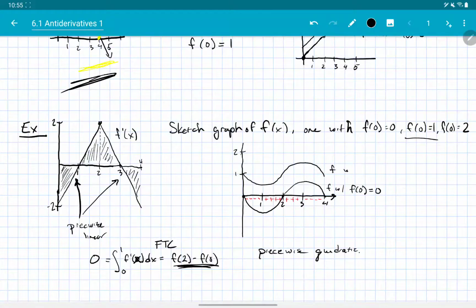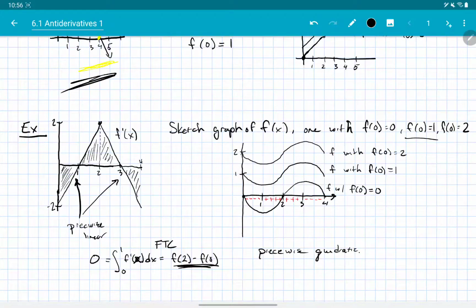So this is F with F of 0 equaling 1. And this is another possible antiderivative. This is F with F of 0 equaling 2. Okay, so those are three possibilities.